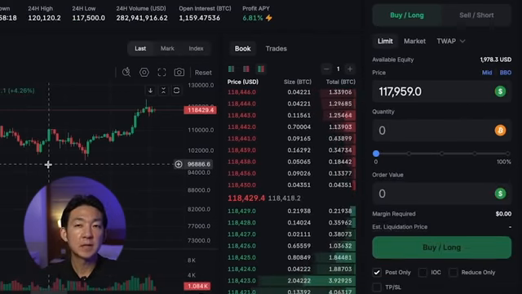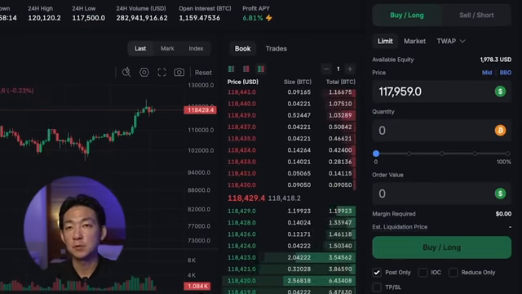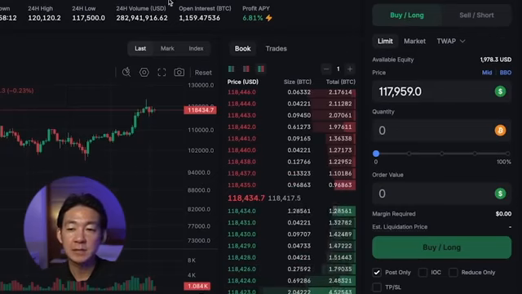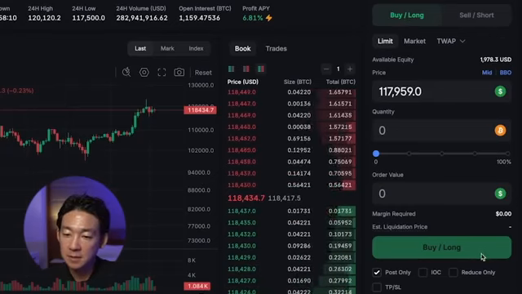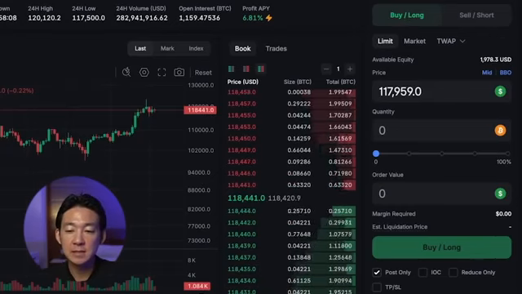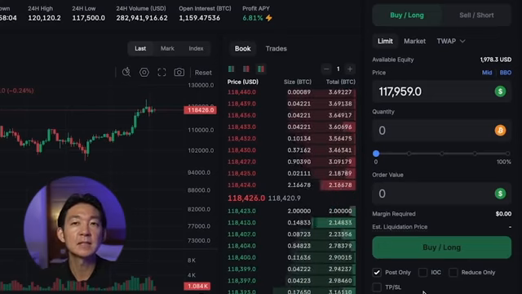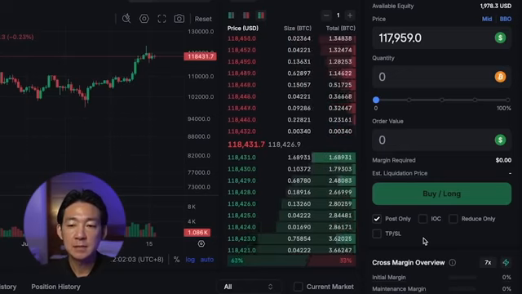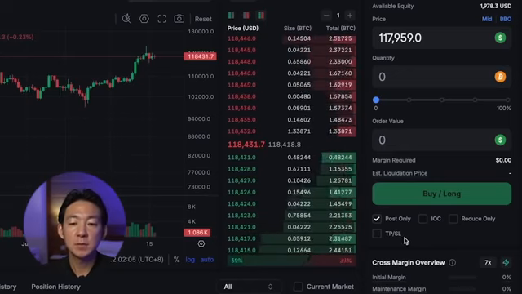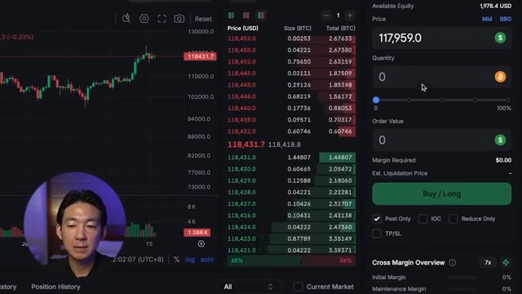And these order types are not just for spot, but also applicable for futures too. So if you go to the futures tab, you see all the same things, except we additionally see TP and SL. TP is take profit, SL is stop loss. Let me explain what it is. So let's say I'm going to buy Bitcoin here.